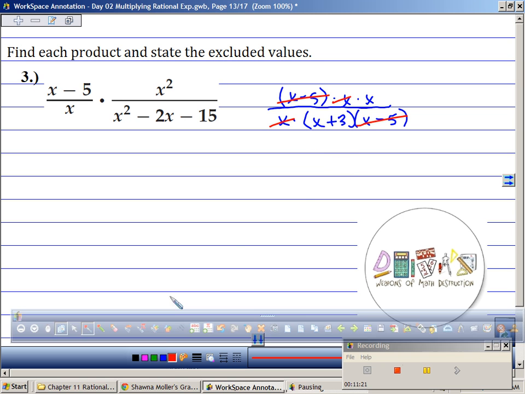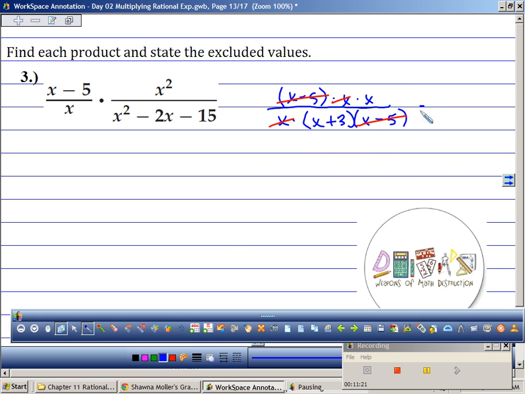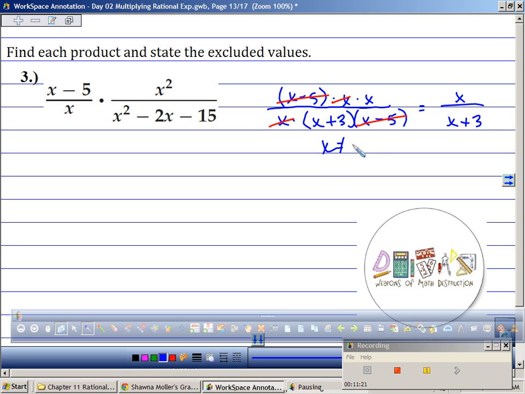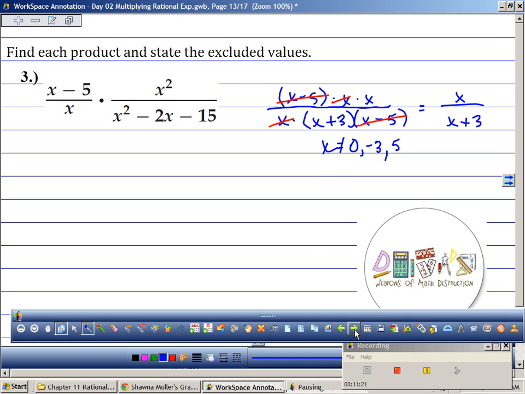Cancel my x's, cancel my x minus 5, and I'm left with x over x plus 3. Let's take our excluded values. X cannot equal what? 0, -3, and +5. Right? That's the original values right here, right? If any one of those were any of these numbers, then this whole thing does not exist. Are you guys good? Good?